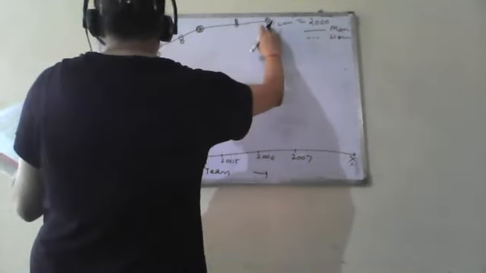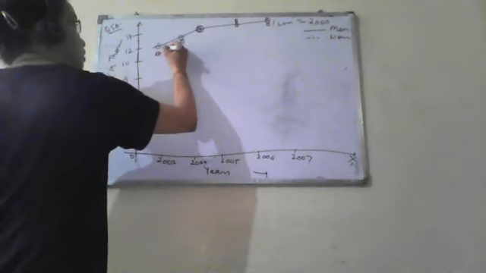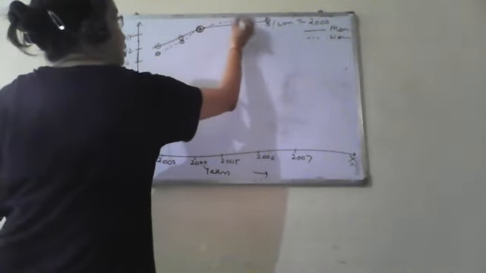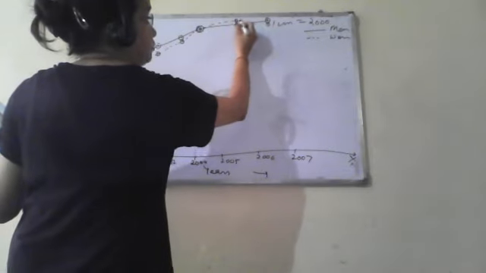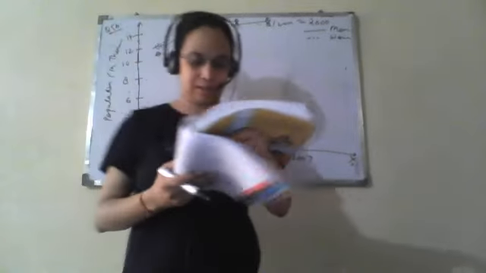In 2006 it will be 12.8. So we will draw this with a dotted line. You have to draw with the help of a scale. Okay, so it will become more clear. So it will come like this.